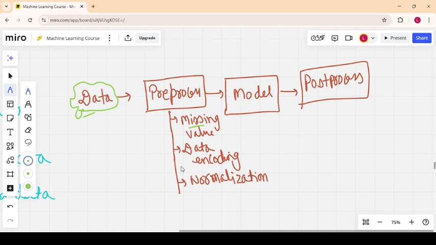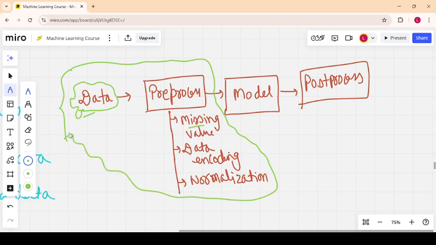The values should all come under 0 to 1. So this is the process we will do before feeding the dataset into the model.